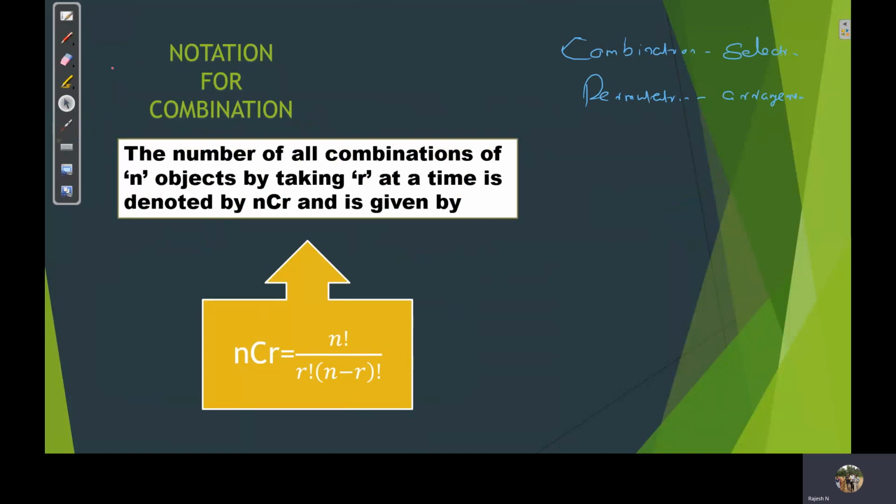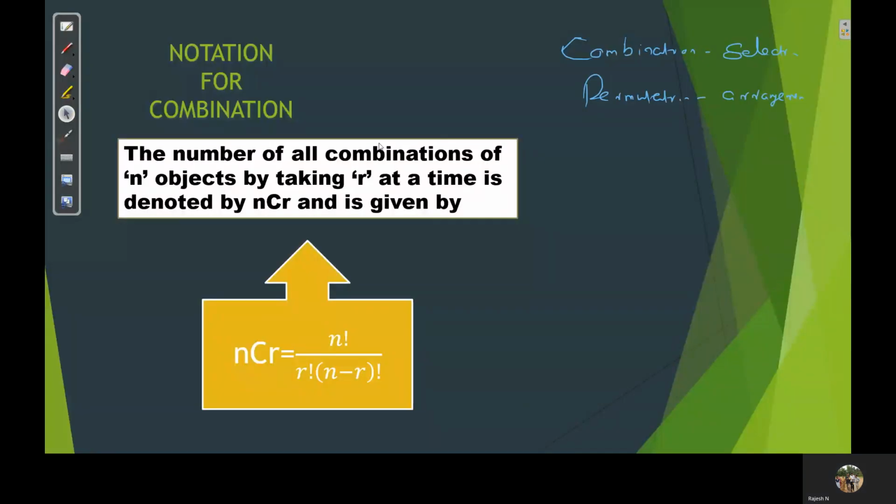That means the number of selections of r things from n things is nCr, equal to n factorial by r factorial into (n minus r) factorial. And nCr, in some textbooks, is written as Cnr. Both are the same.